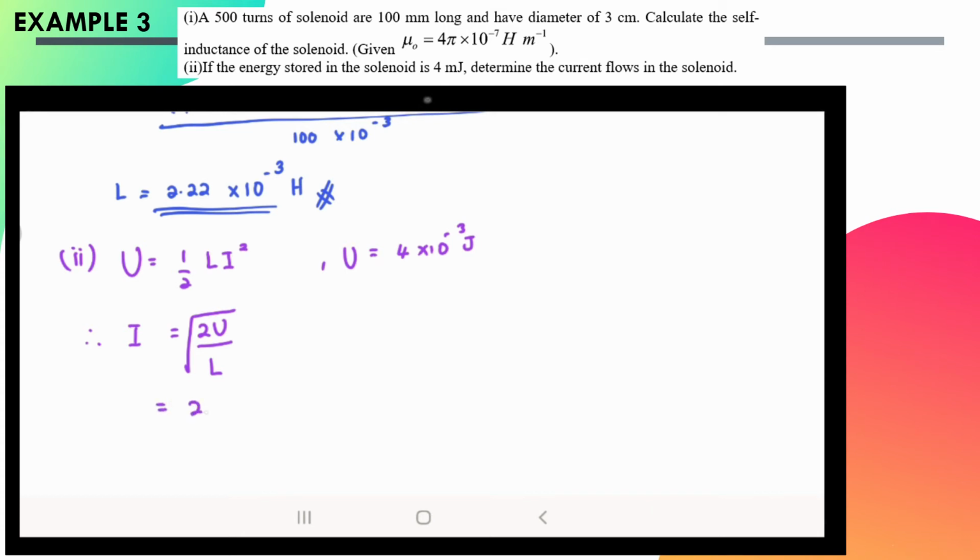U is equal to 4 exponent negative 3, and the self-inductance that we got just now is 2.22 exponent negative 3. So take the square root, and finally the current flows in the solenoid is equal to 1.9 ampere. Unit, don't forget.